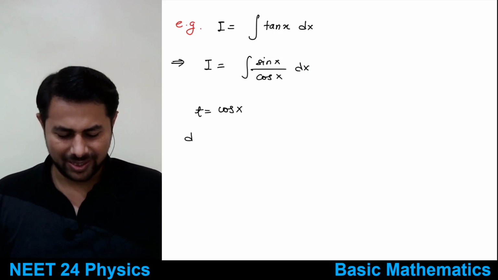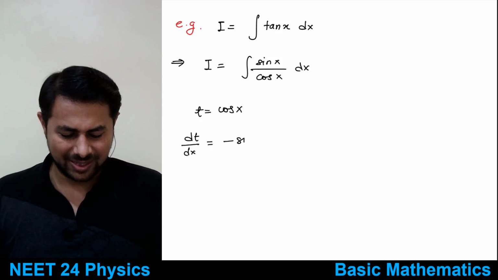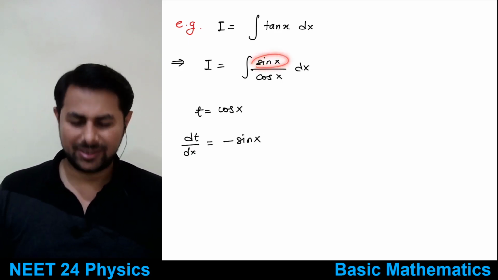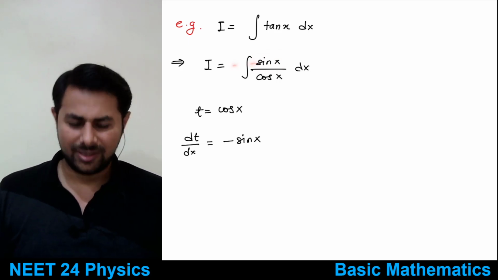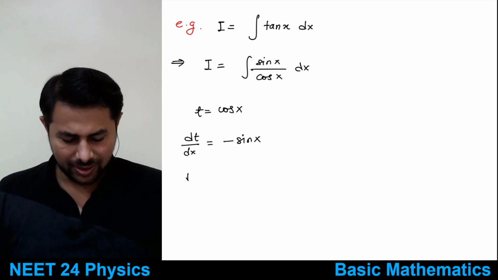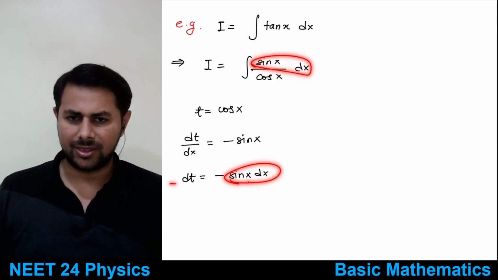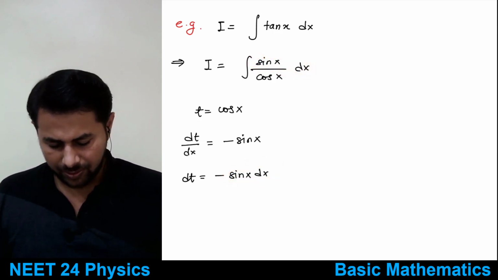So dt by dx is minus sin x, but you don't have minus sin x, you have sin x. That means you have to multiply by negative sign. So dt is equal to minus sin x dx, and therefore sin x dx can be written as minus of dt, right? You put that.